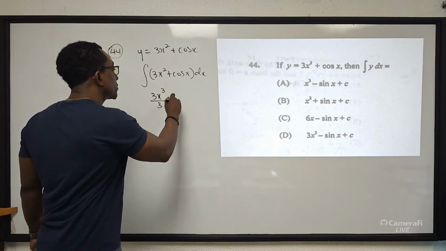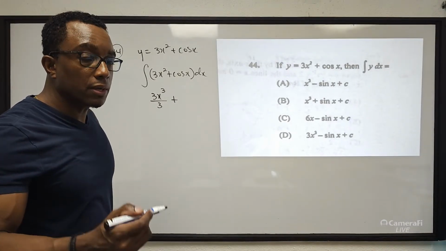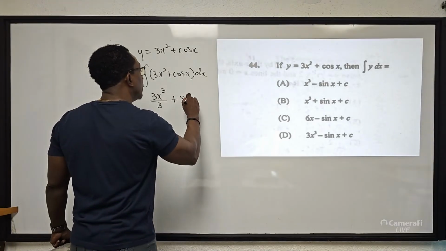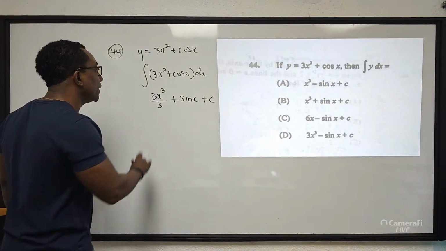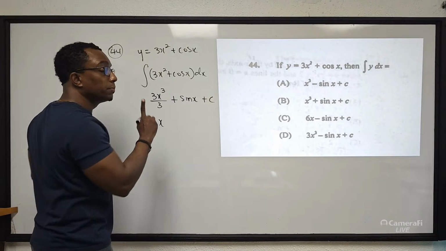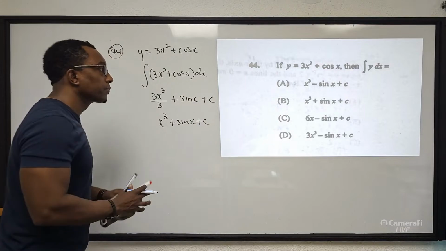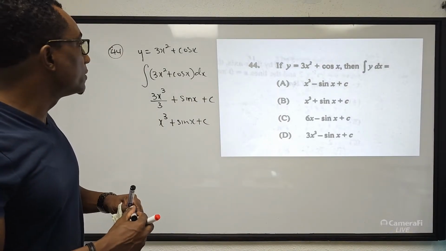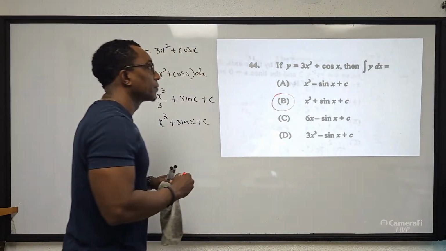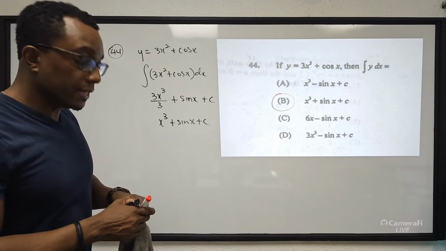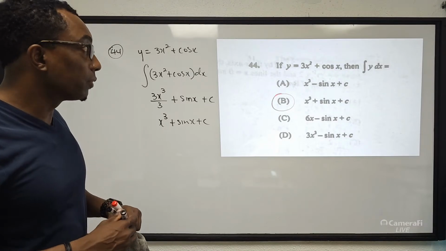Then let me integrate cos of the angle: the integral of cos of the angle will be sine of the angle, but we must remember to add C. So when we simplify, 3x cubed over 3 becomes x cubed plus sine x plus C, whose answer is B. So make sure we can integrate and we can differentiate. You're going to see that in the latter part of the paper tomorrow.